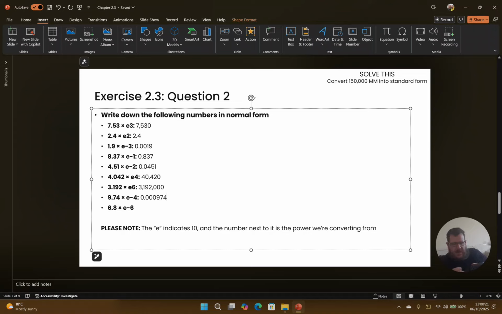Yeah. And 6.8 times e to the power of minus 6. So that's 10. So we want then 1, 2, 3, 4, 5, 6. And let me again double check that.